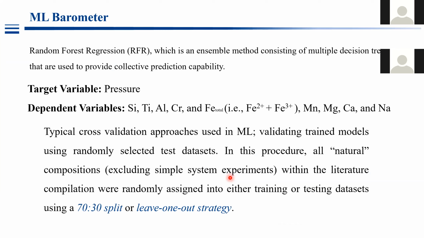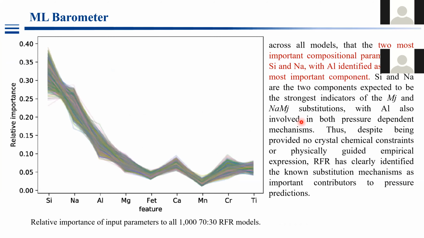In the machine learning barometer, the target variable is pressure, and the dependent variables are the following elements, and they can get this feature importance.